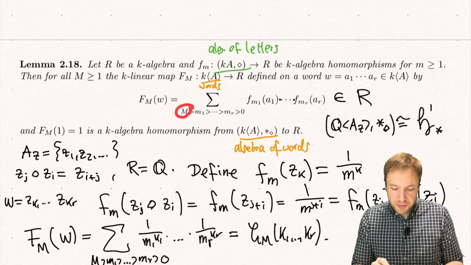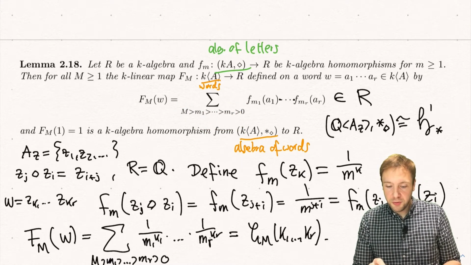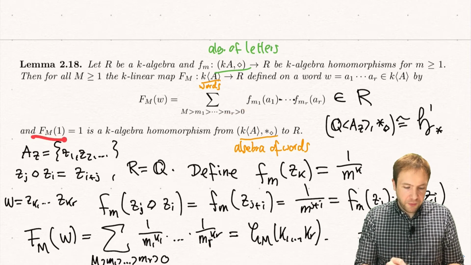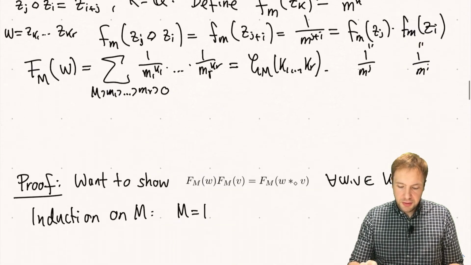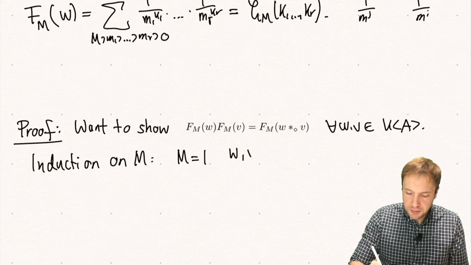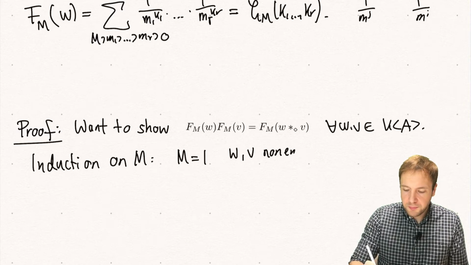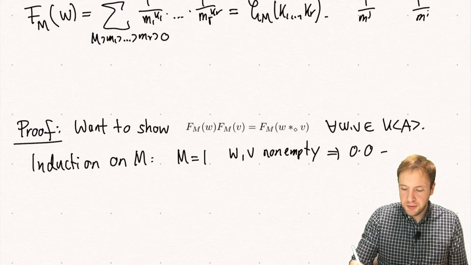No matter what r is, this will always be an empty sum, so this will always be 0, except for the case when this w is actually an empty word. So if m is 1 and these are non-empty, then the equality is just 0 times 0 equals 0.